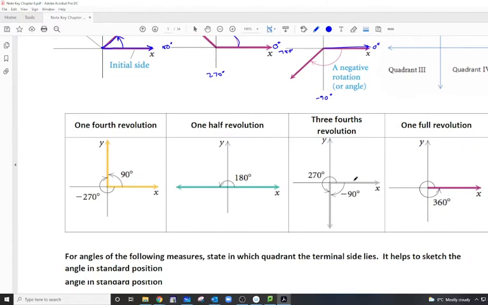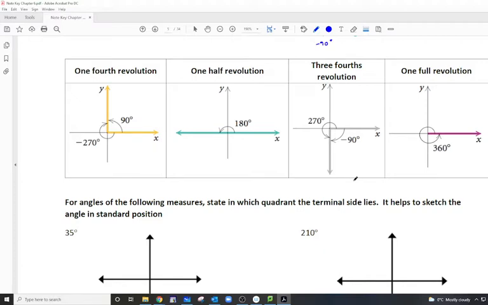Okay, so what does that mean? Now, I already kind of went over this, right? So if you're reading in a positive direction, this is 0 degrees up to 90 degrees. Whereas if you were to read this in a clockwise direction, you'd be going negative 90, negative 180, negative 270 degrees. If you have a straight line, right, so this is a supplementary, it's 180 degrees in a positive direction, but it would also be negative 180 degrees in a clockwise direction.